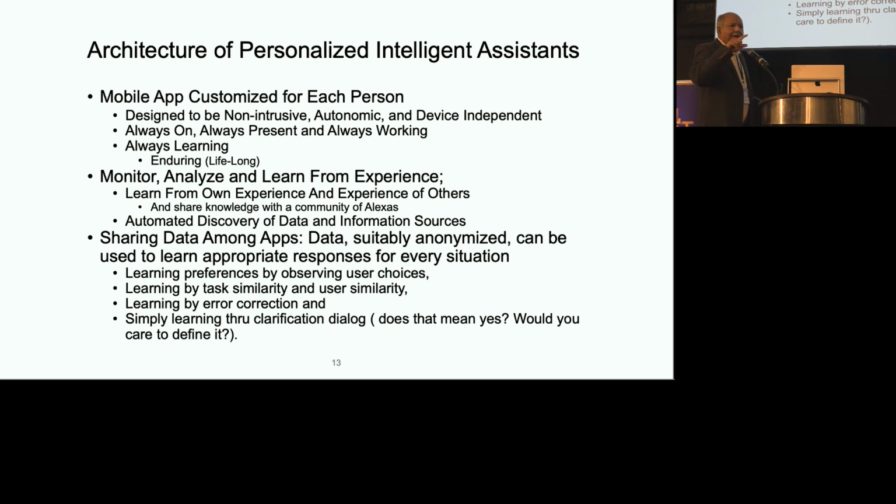Right now when I have a smartphone, I have to touch the app to make it do something. I don't want to touch the app. It should be always on, always working. And it should monitor, analyze, and learn from experience, and automated discovery of data and information sources.